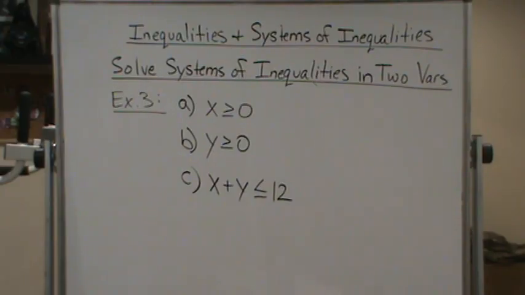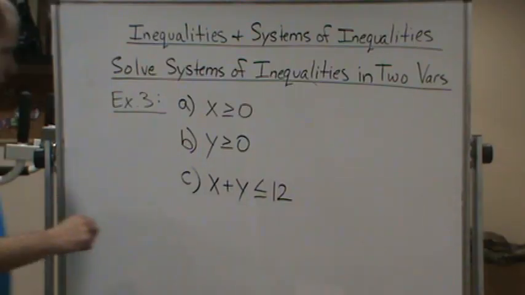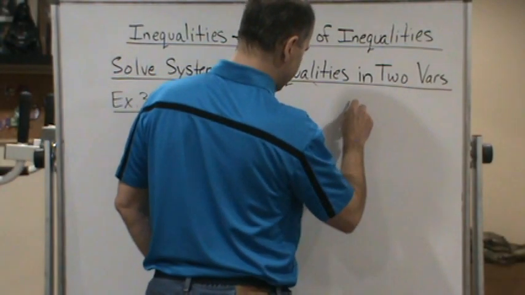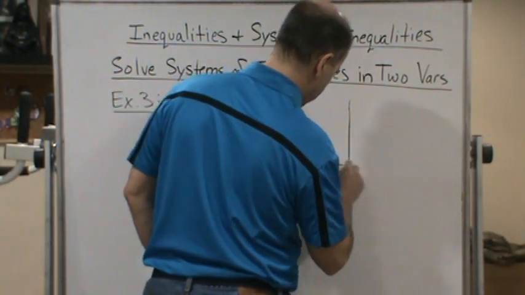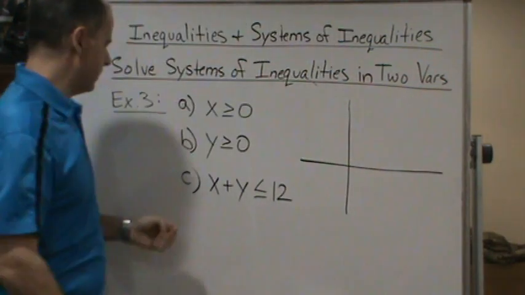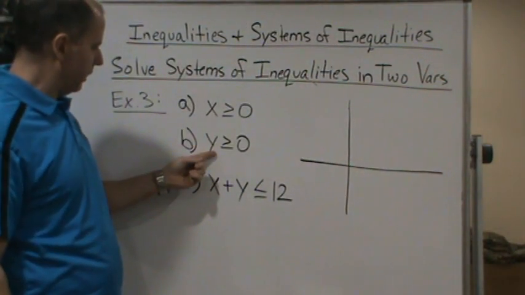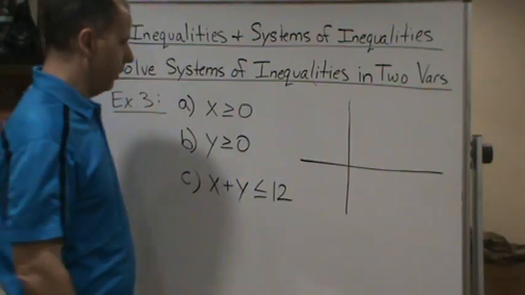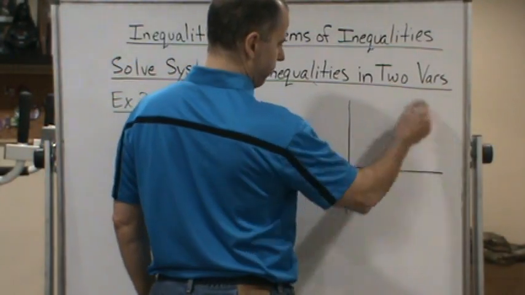So now D says graph the solution set to the system of inequalities for A, B, and C. All right, so basically, the first thing you notice is if X and Y are greater than or equal to 0, then that restricts us to the first quadrant.